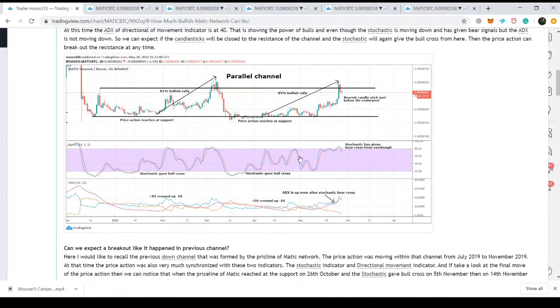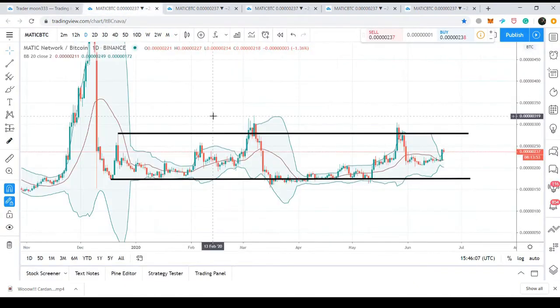And again, the price action started a bearish move towards the support of this channel, and this is the live chart now. We can see that the price action was moving down to the support of the channel, but without touching the support, it is now moving up at this time.